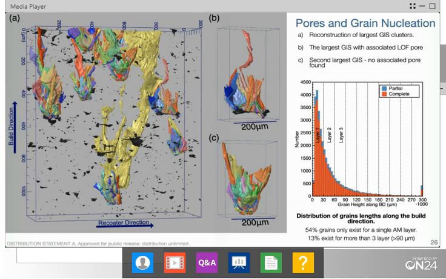This is the cluster I have reconstructed, this cluster here, and also this cluster here. Again, the perspective here is a little bit deceiving. It seems like it's associated with these pores, but those are actually closer to you in the reconstruction. This is a little bit deeper back. So that cluster is actually independent of these pores.